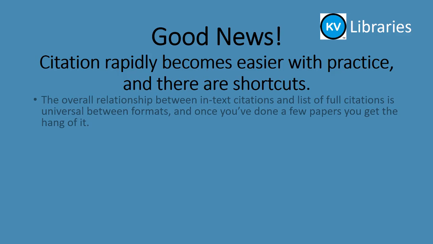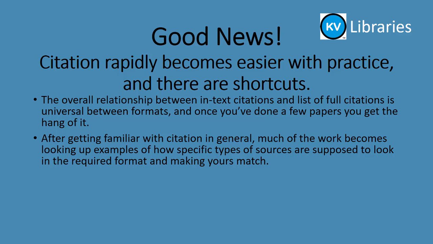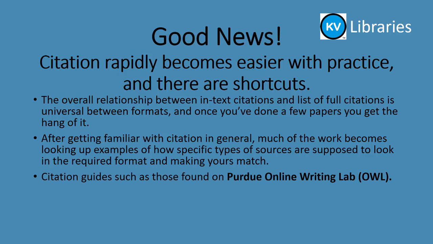Because citation formats are similar, it doesn't take long to get the hang of it. Once your paper and in-text citations are in proper format, most of the work is in finding examples of how to list the types of sources you have and presenting your information in the same way. Much help can be found in citation format guides, such as those available for free on Purdue Online Writing Lab, which feature example papers and lots of samples of full citation entries for different types of sources to base your own work on.